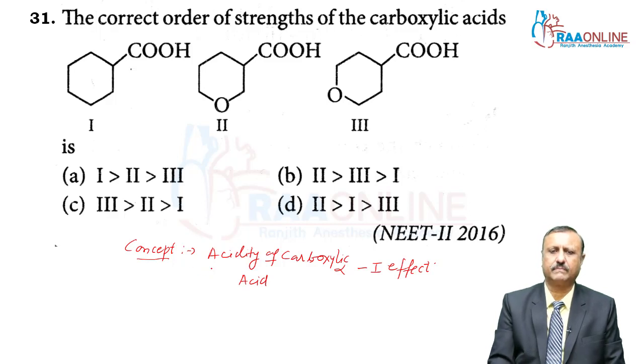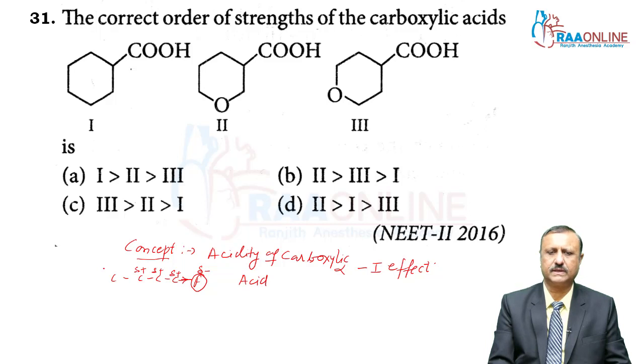My dear students, what is the minus I effect? In short, I can teach you here. When any functional group attracts the bond pair of electrons, then negative charge is present on that functional group and positive charge is present on the carbon cations.